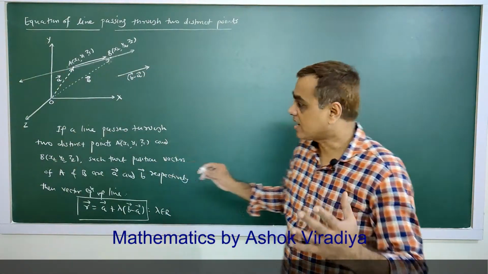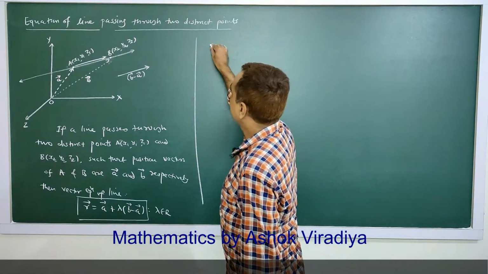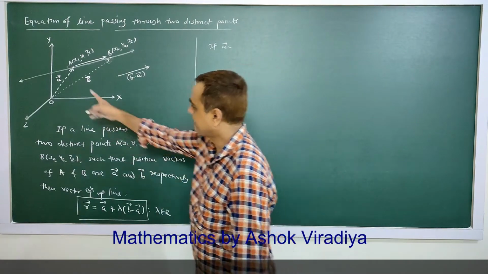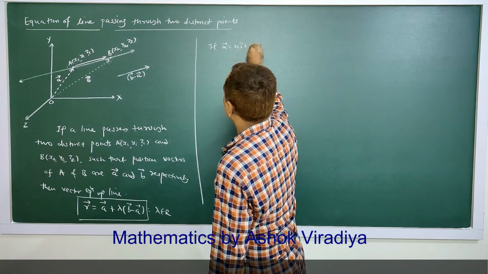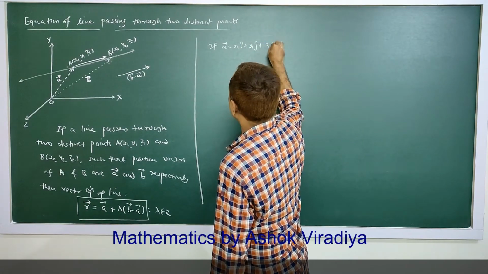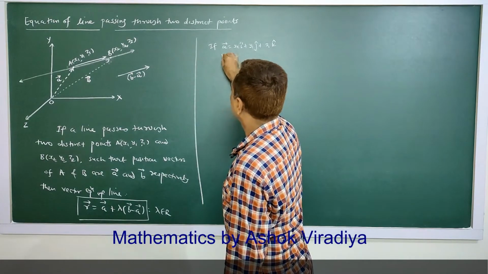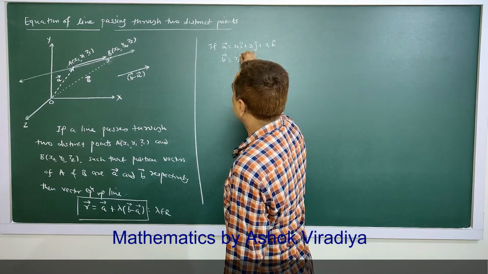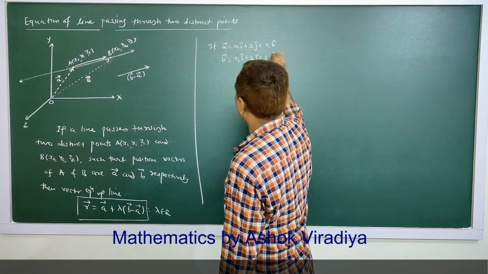Now to obtain its Cartesian form, vector A will be x1 i, y1 j, z1 k, and vector B will be x2 i, y2 j, z2 k.